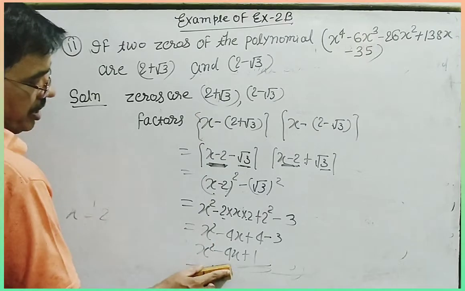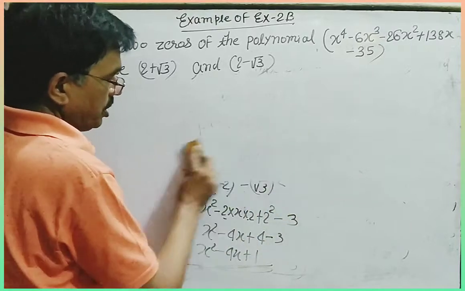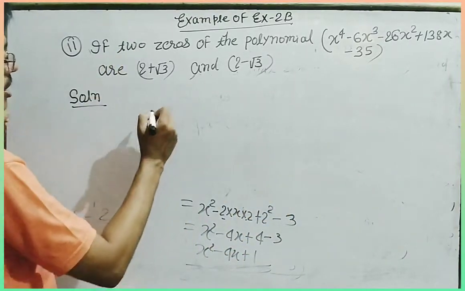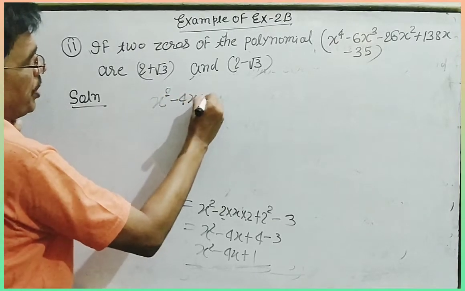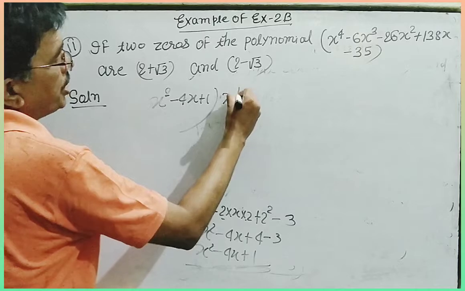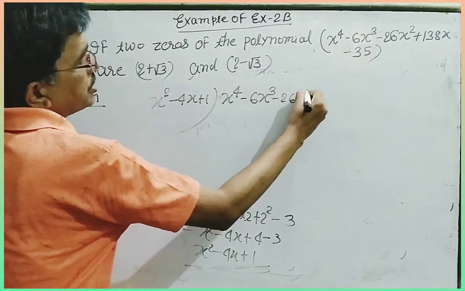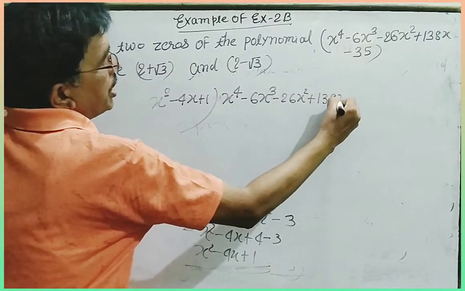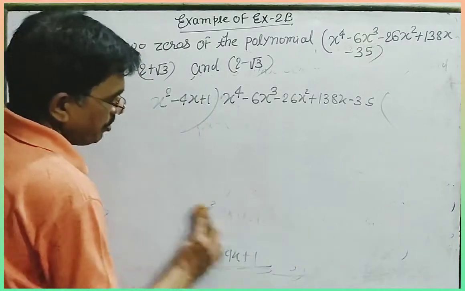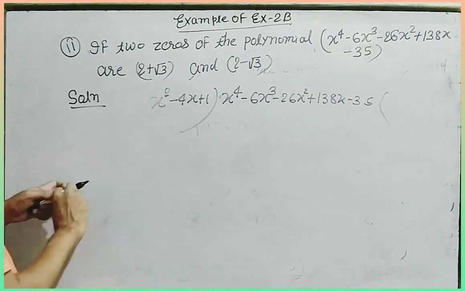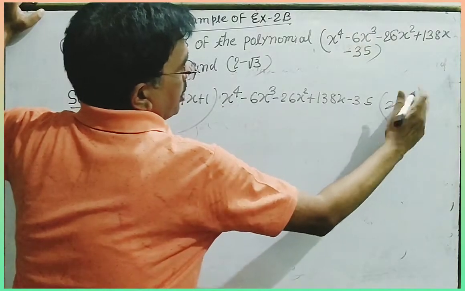Now you divide this factor into the polynomial. So dear friends, now you divide: you write x square minus 4x plus 1 dividing x to the power 4 minus 6x cube minus 26x square plus 138x minus 35. Here is x square and here is x to the power 4, so multiply by x square.